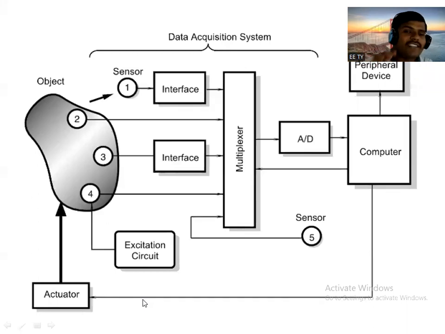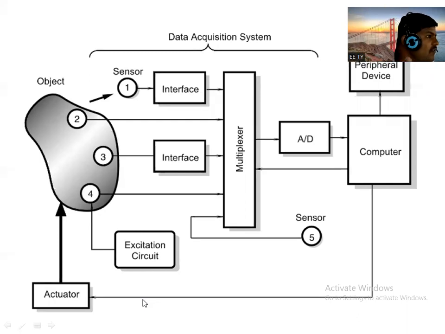Again, this large system will include some other devices, but they are not shown in this block diagram. For example, some filter circuit, some other electronic circuitry, data recorder, data storage, like that. Different components can be used in that control system or large system, right?